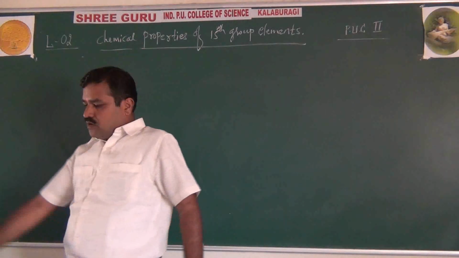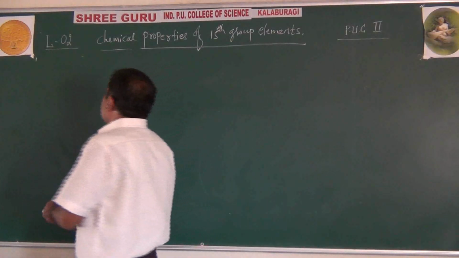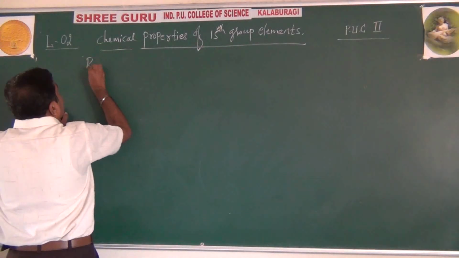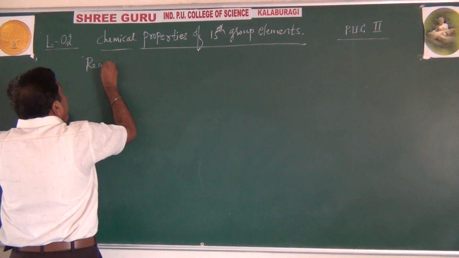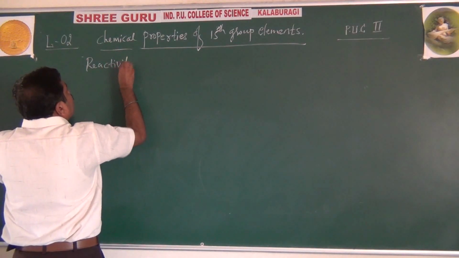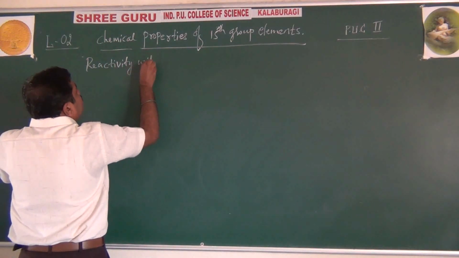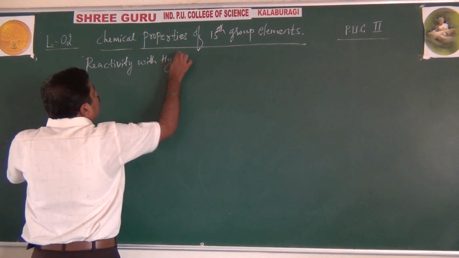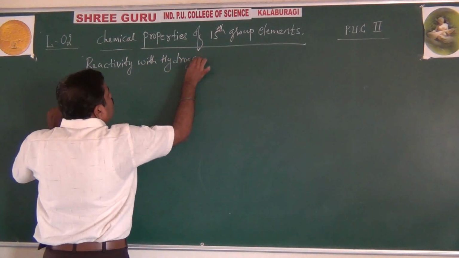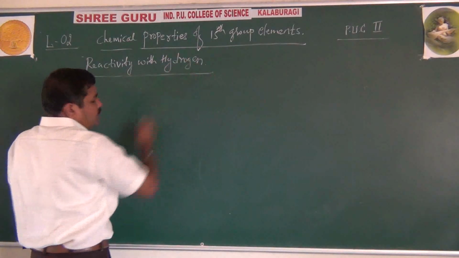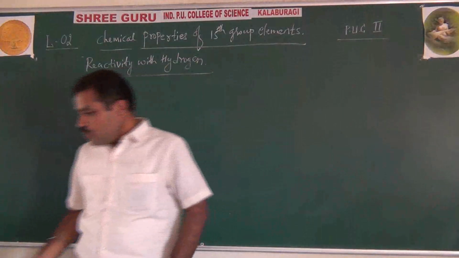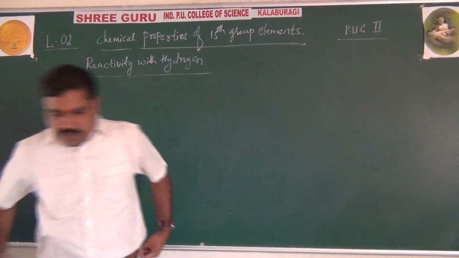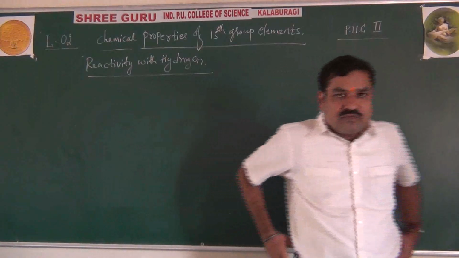Now coming to the next chemical property after oxidation state, it's reactivity. Reactivity with hydrogen. This is important. How do these 15 group elements react with hydrogen?